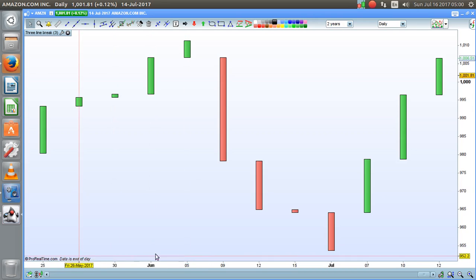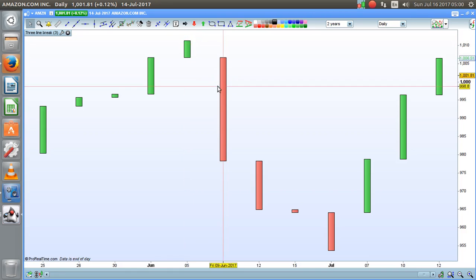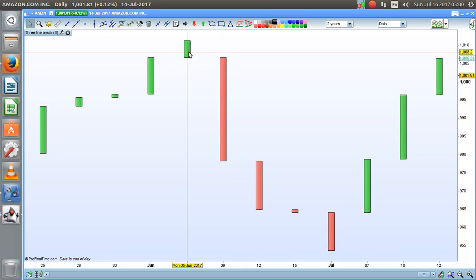Now, what makes this the 3-line break chart? It closed Monday, the 5th of June, at the high of 1,011.40, right? And on Friday, the 9th of June, the close went all the way down to 978.30, and it broke the price of the previous 3 bars.